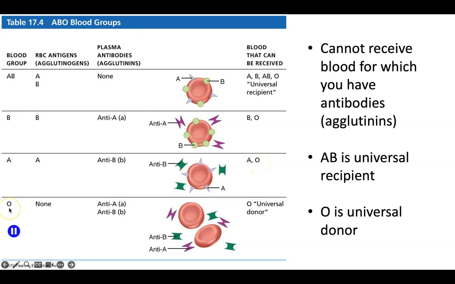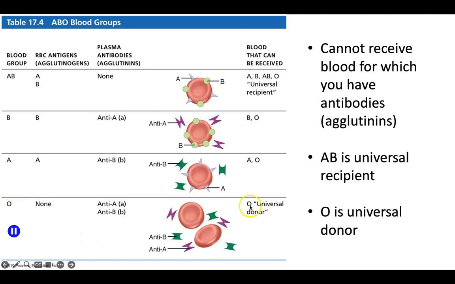And then finally, we have type O. Because they didn't develop with either of those red blood cell antigens, those individuals with type O blood will have antibodies against both A and B red blood cell antigens. You'll notice that all blood types are able to receive blood from type O individuals.